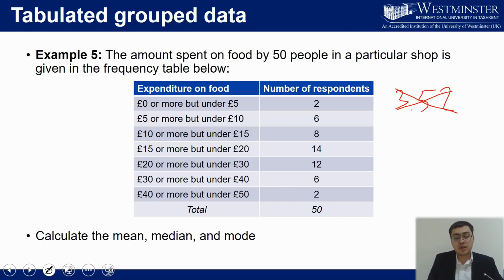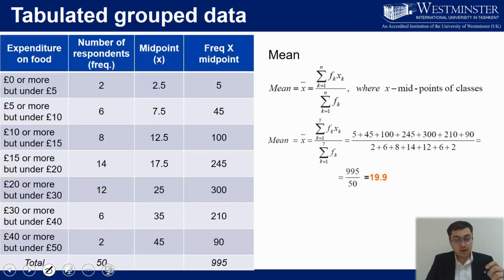So what I'll have to do is assume that each of these ranges takes on some sort of number, and the most relevant assumption I can make is to take the midpoint of each range as the most typical value that the range would fall in. So the midpoint of 0 and 5 is 2.5, the midpoint of 5 and 10 is 7.5, and so on.